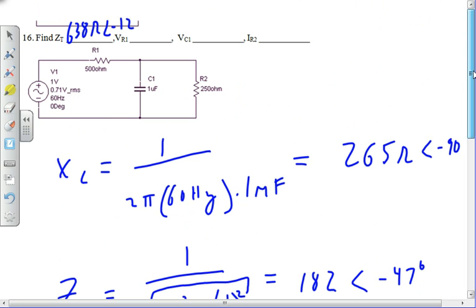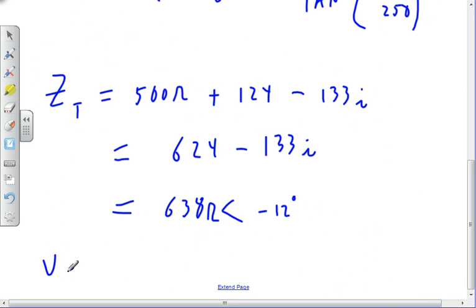The voltage across resistor 1 equals what? We need the total current. Current total equals the voltage source divided by the total impedance.